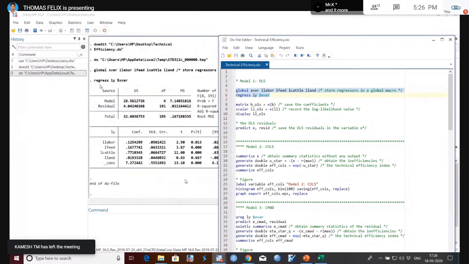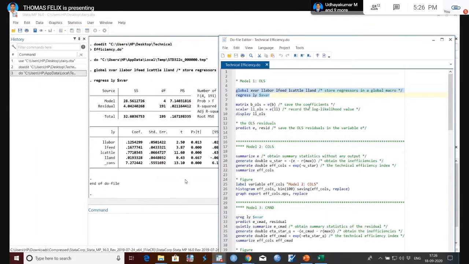For regression, as I said, first we need to do the regression of the dependent variable on all the independent variables. So first I have done the regression. After that I need to save the coefficient values.